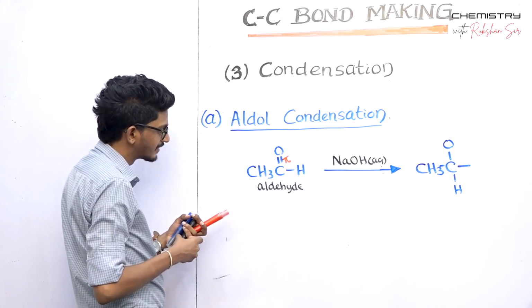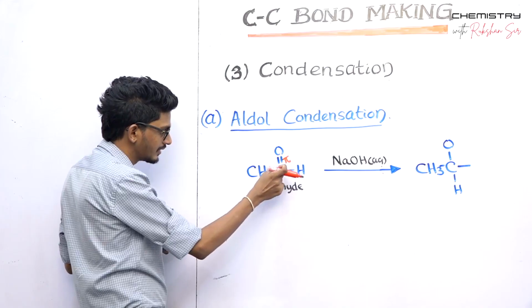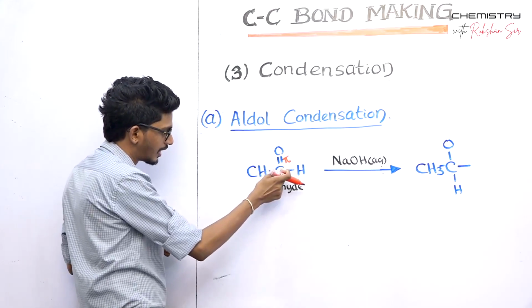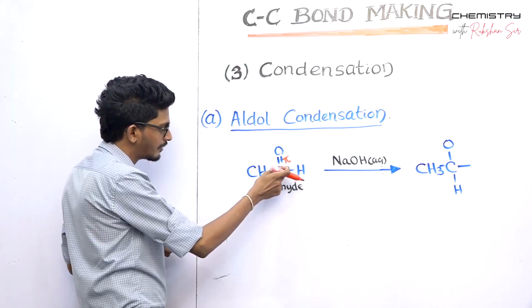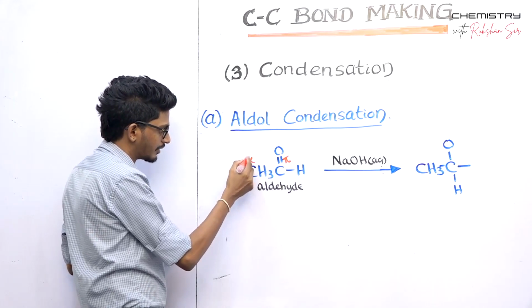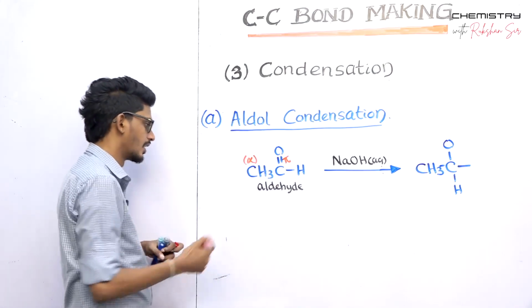This is your carbonyl carbon, the carbon with the carbon-oxygen double bond. The adjacent carbon to that is referred to as the alpha carbon.